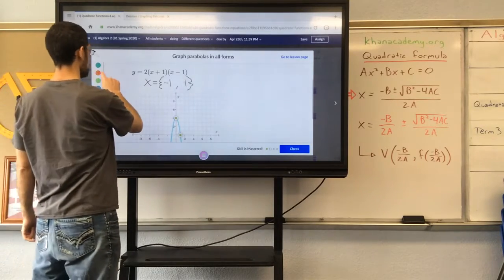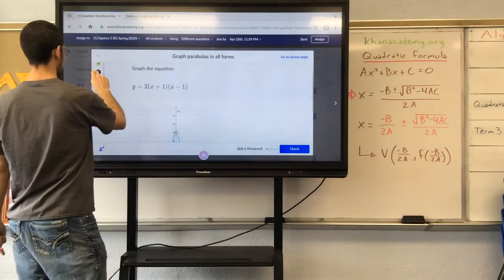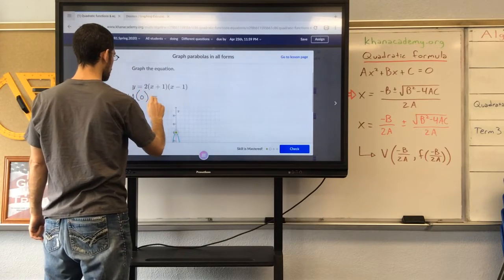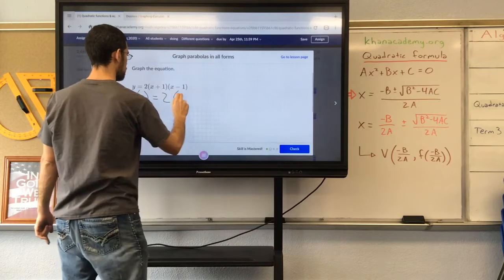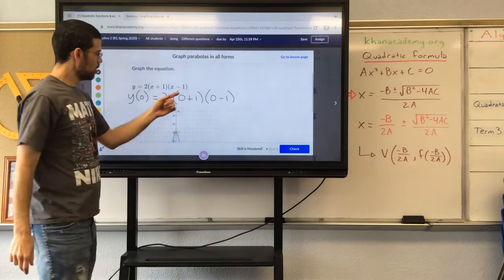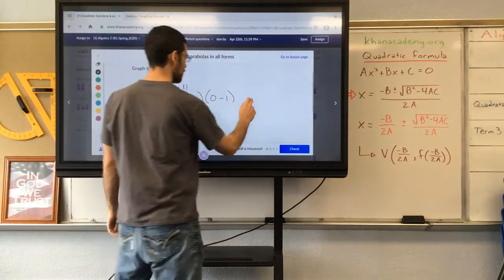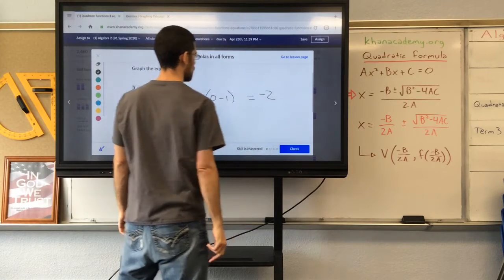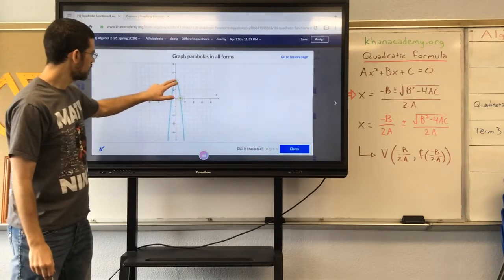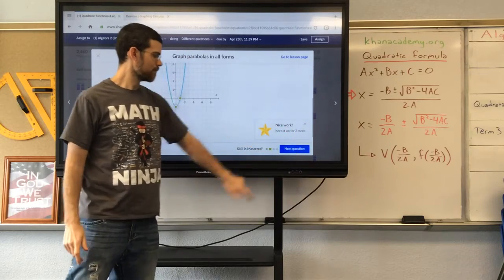So I'll substitute 0 for x, and I get y equals 2 times 0 plus 1 times 0 minus 1. 1 times negative 1 is negative 1, times 2 is negative 2. So negative 2 is my y-coordinate. And we go to the next one.